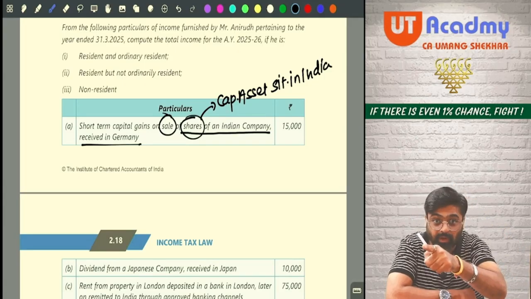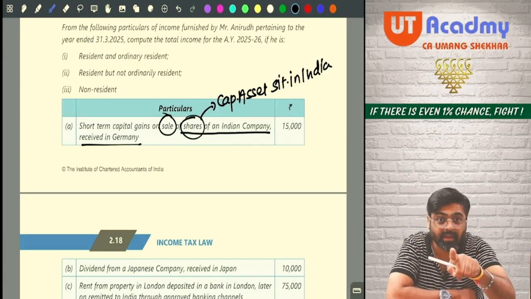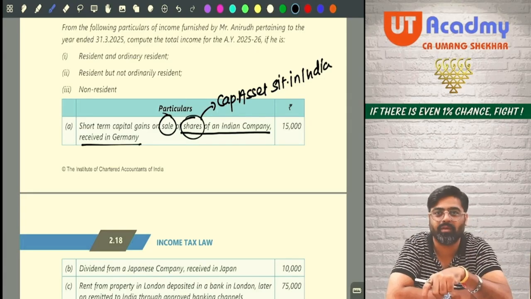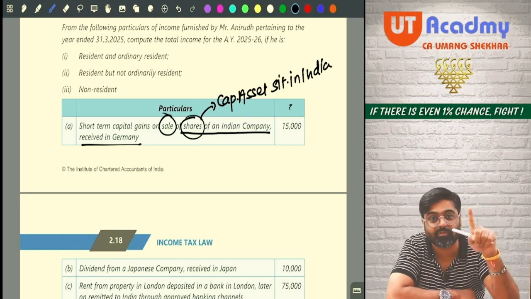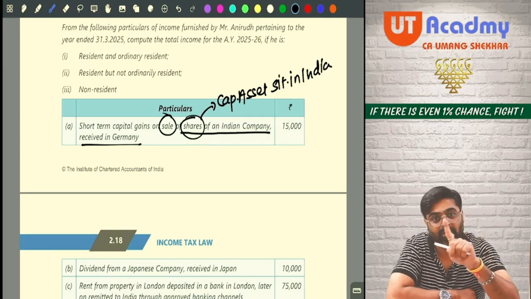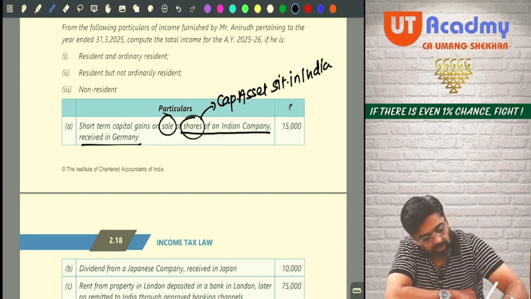This is point C of section number 9. Any income from sale of a capital asset situated in India, even if received outside India, will be covered by section number 9, deemed to accrue or arise in India. Will it become your Indian income? Yes or no?